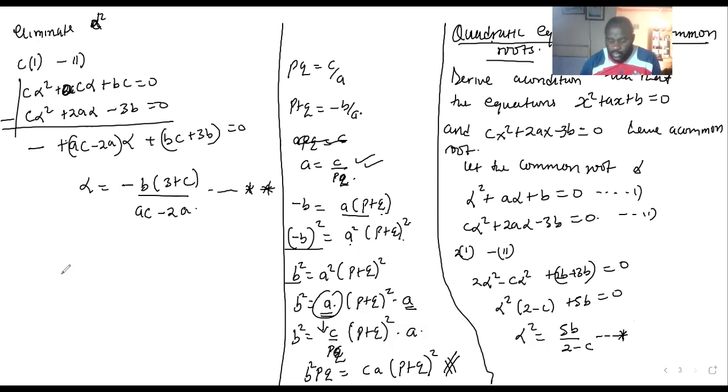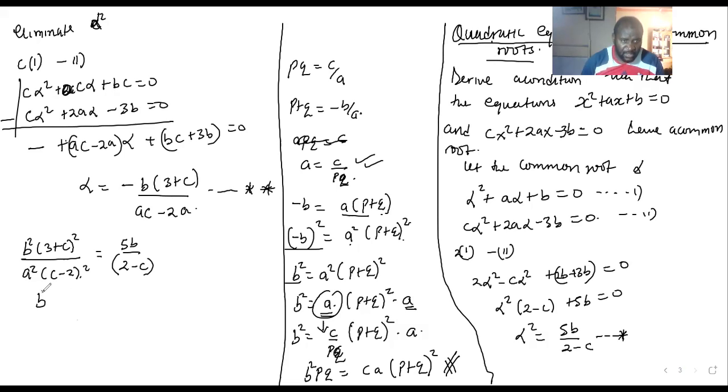You're going to have b squared into (3 plus c) squared all over a squared into (c minus 2) squared is equal to 5b out of 2 minus c. 2 minus c is the same as c minus 2, as long as this one is squared, even if you reverse them.